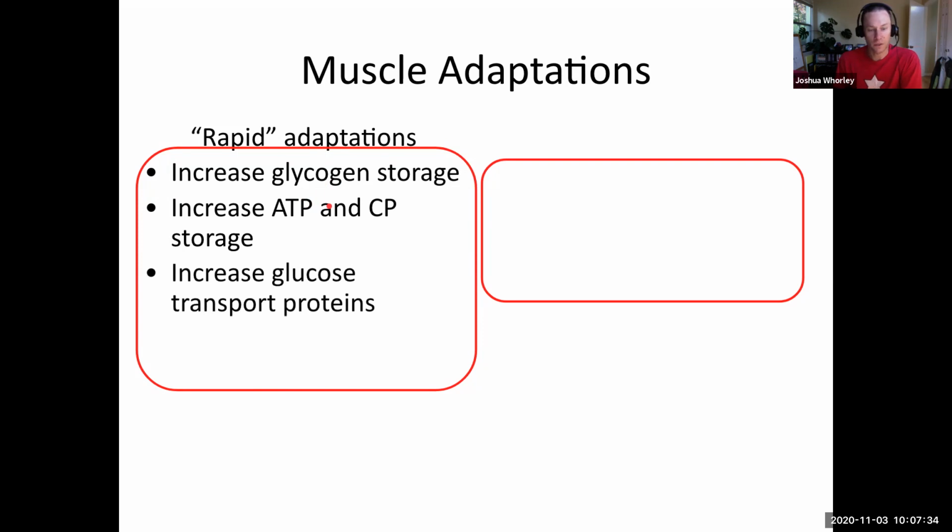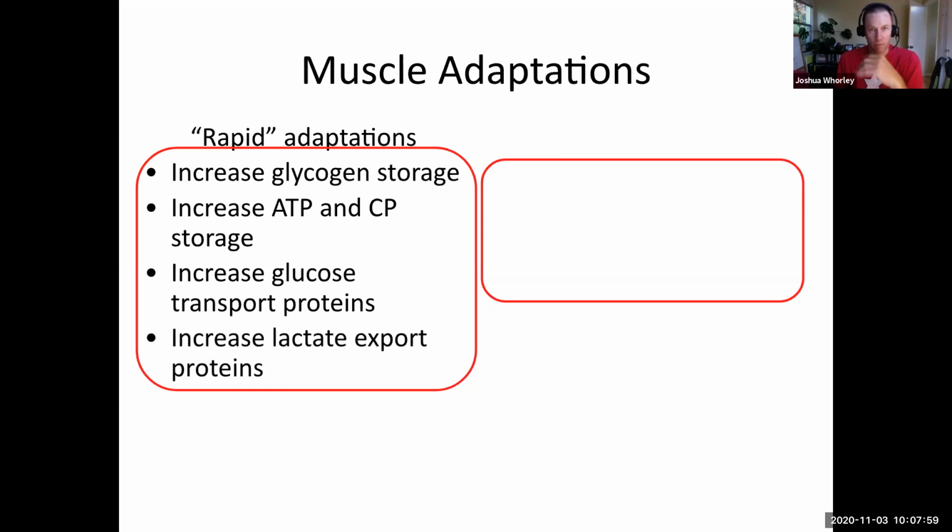They're going to increase their glucose transport proteins. Of course, those glucose transport proteins are import proteins, right? They're bringing glucose in from the vasculature, from the bloodstream. So you increase your glucose import proteins, so you can more rapidly take it up from the blood and convert it to ATP. You also increase your lactate export proteins, right?